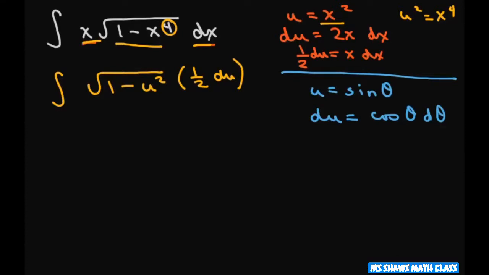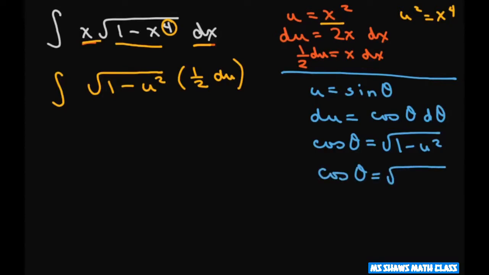I also know that cosine of theta is going to be the square root of 1 minus u squared, because we know that cosine of theta equals the square root of 1 minus sine squared theta, because this just equals cosine squared, and you take the square root of that, you get back to cosine. So remember, we're letting u equal sine, so I'm just writing everything we need here.